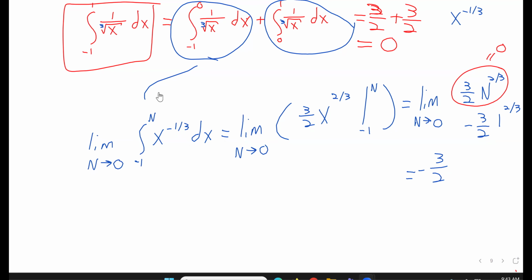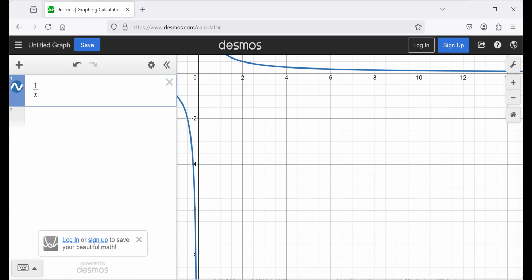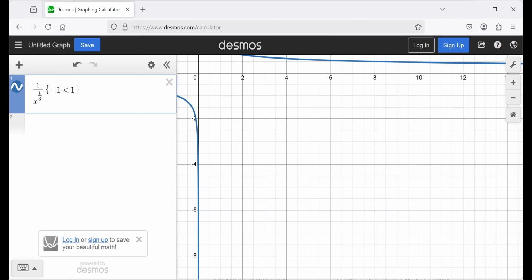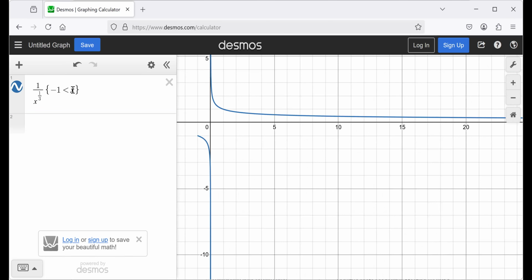So we've got 1 divided by x to the 1/3 from -1 to 1. Let's see if I want to shade this region.